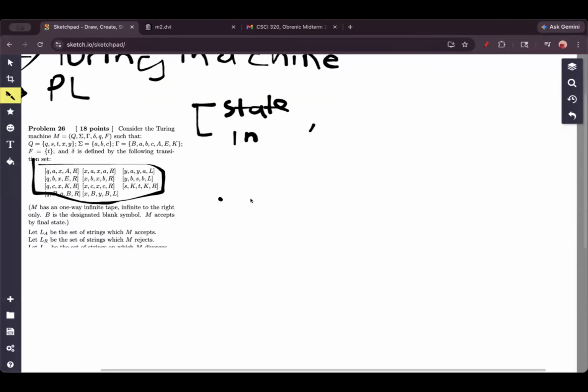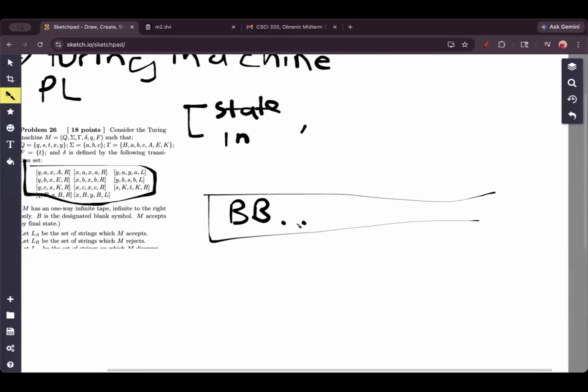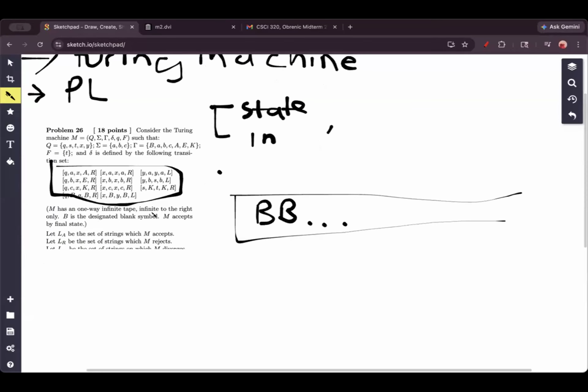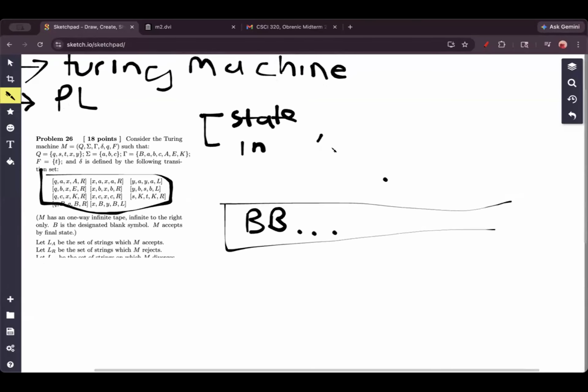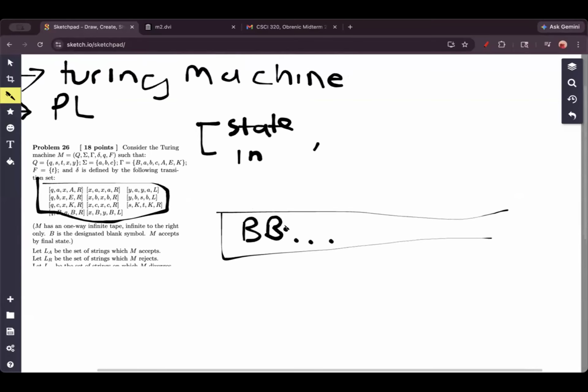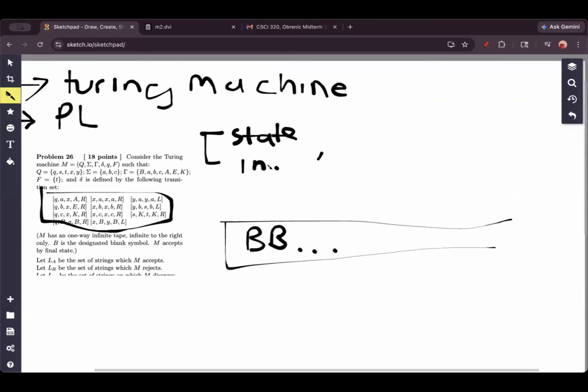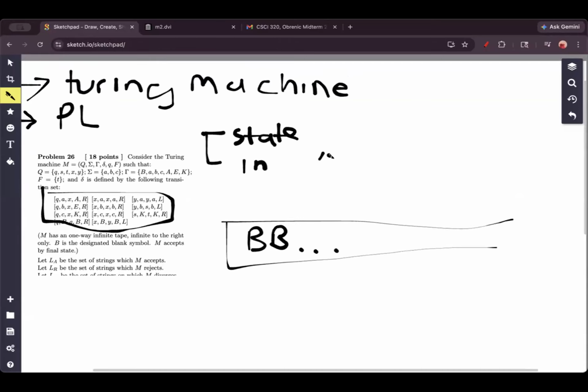So blanks are basically what the tape is, right? The tape is filled with blanks infinitely to the right side. This is a one-way tape, so it's infinite to the right, and you could encounter a lot of blanks. Okay, this is the state you're in.